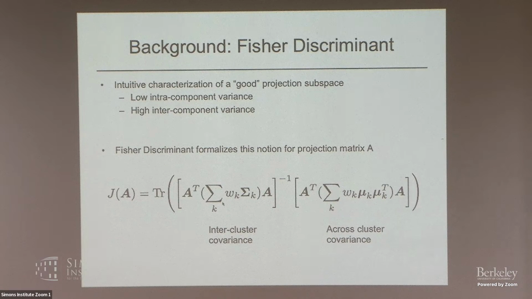So you have the intercluster covariance inverse times the across cluster covariance, and this is the Fisher discriminant J. We want to find an A that has a really good J.